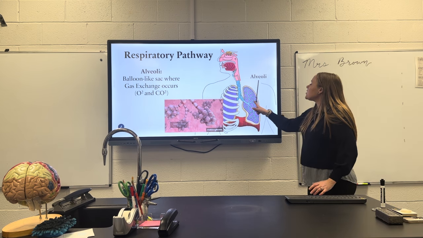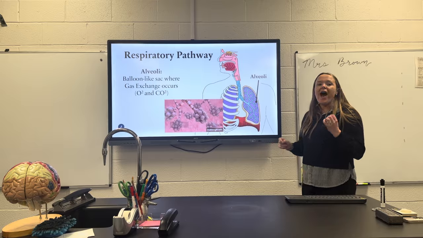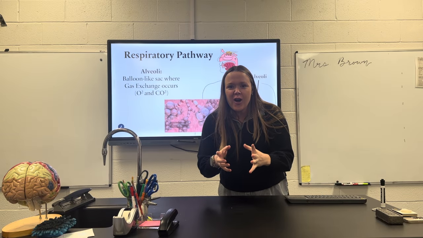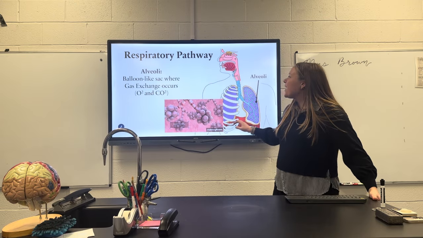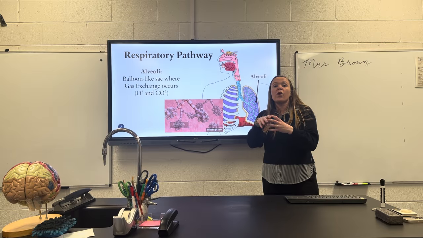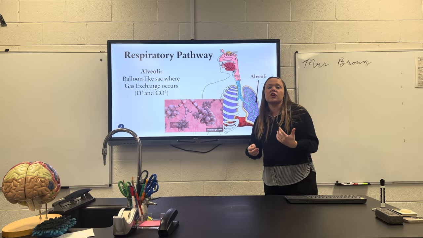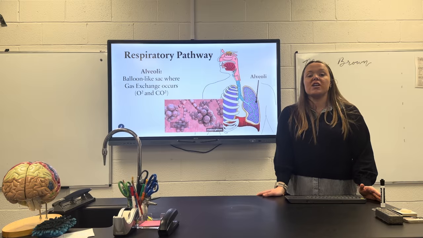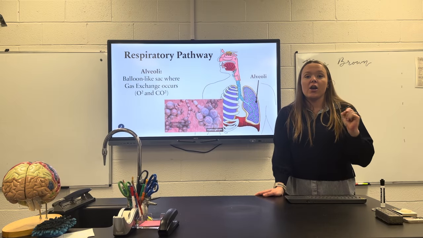So the bronchioles lead into something that we call the alveoli. This is the most important part of the lung, because these are our balloon-like sacs where gas exchange actually occurs. So when we breathe in, the main thing we're trying to accomplish is to exchange carbon dioxide and oxygen.